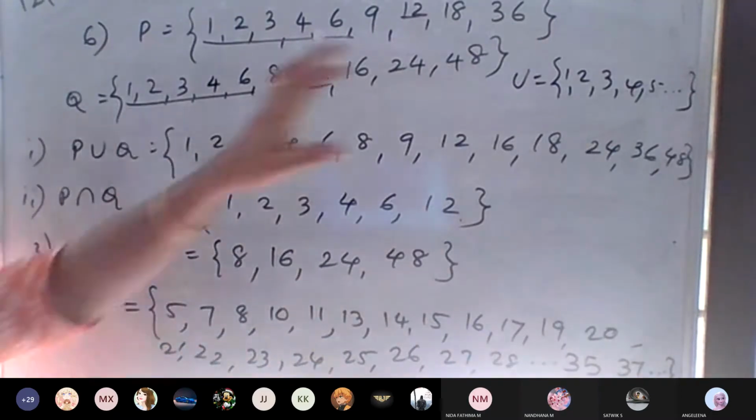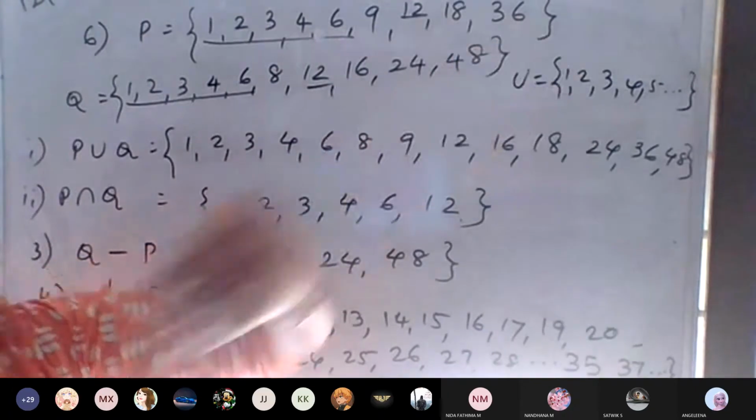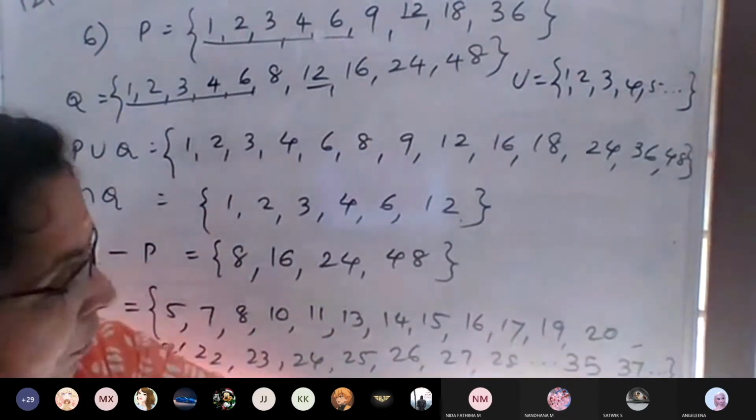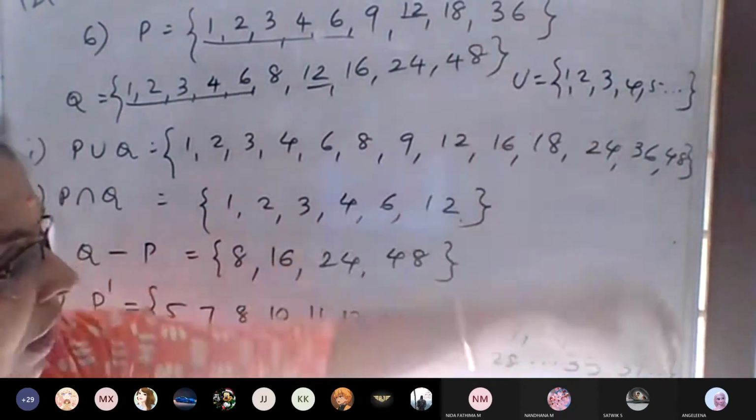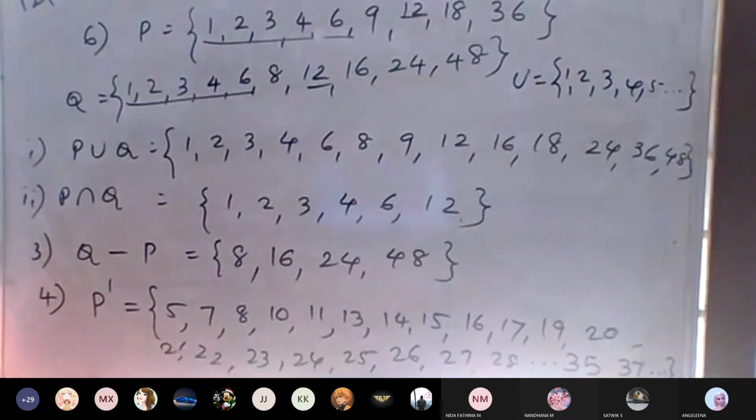Understood? 36 is there in P, so we can't write 36. So up to 35, then 36 no need, then 37 and so on.